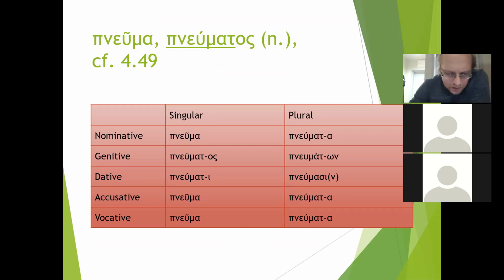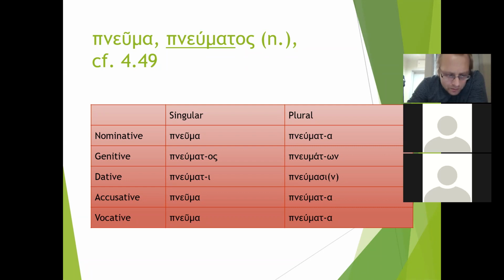So here we have the example breath with the stem pneumat, which we can derive from the genitive singular form as usual.